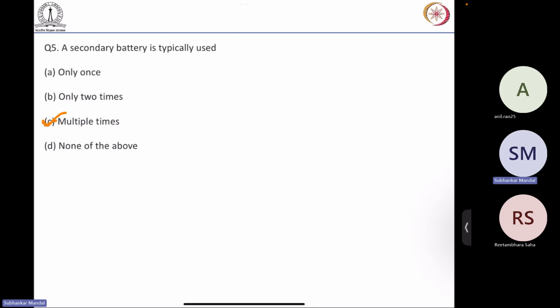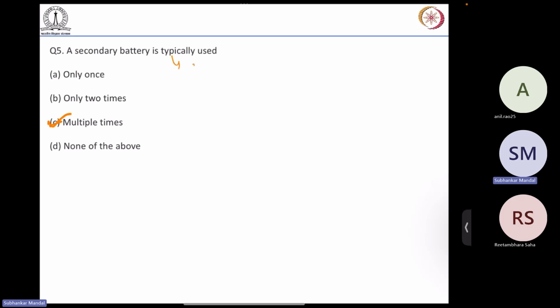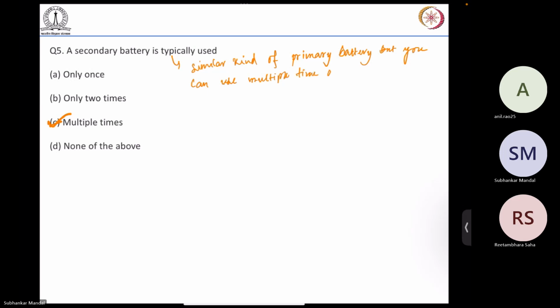Basically, a secondary battery is similar to a primary battery, but you can use it multiple times as long as capacity fading is not there.